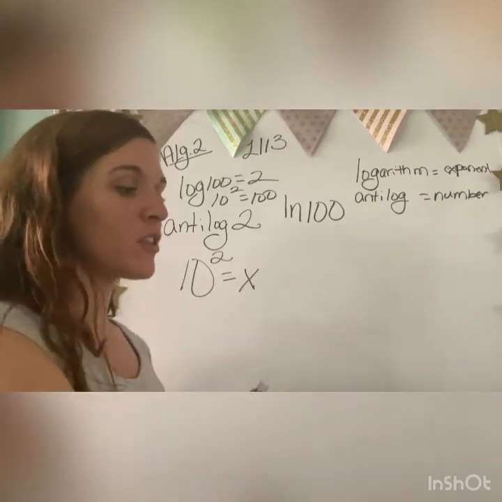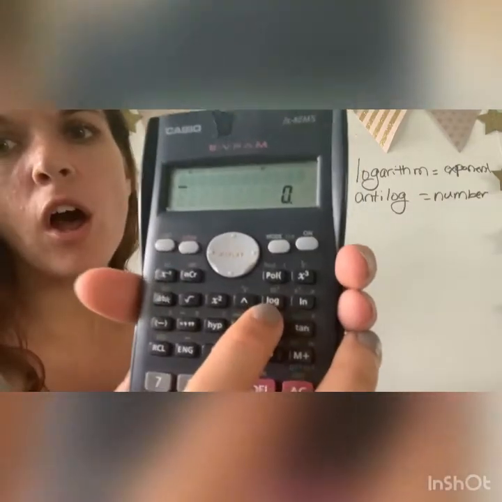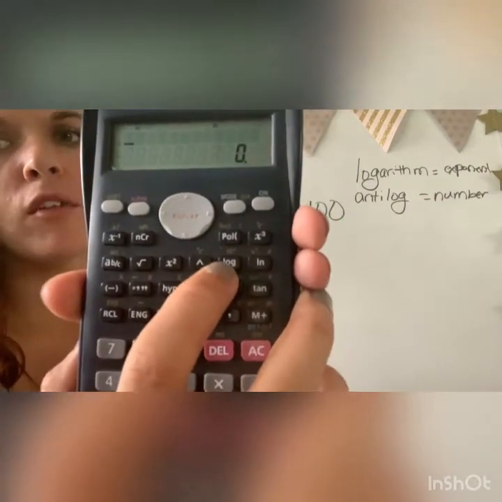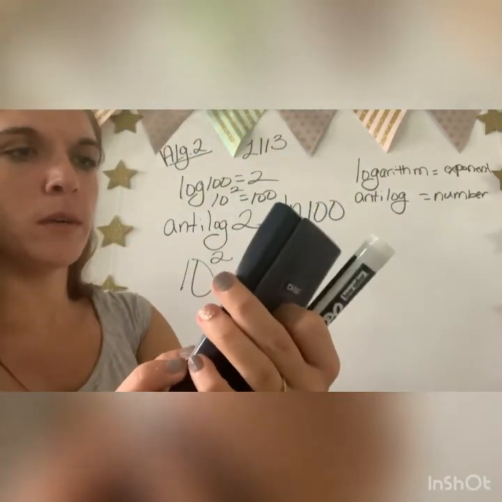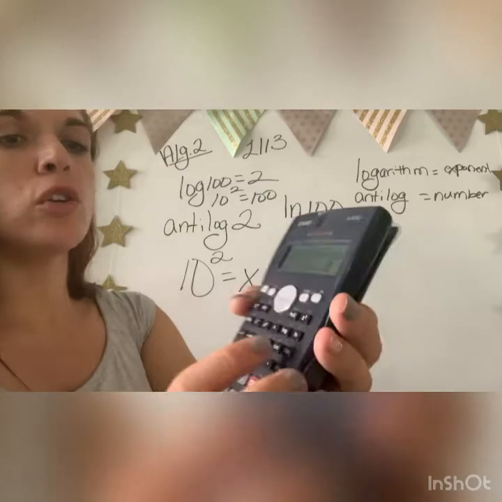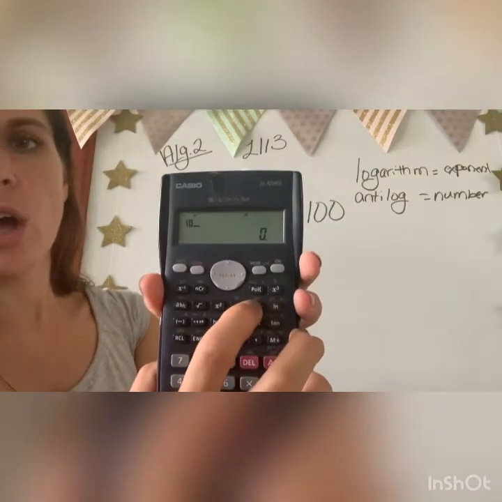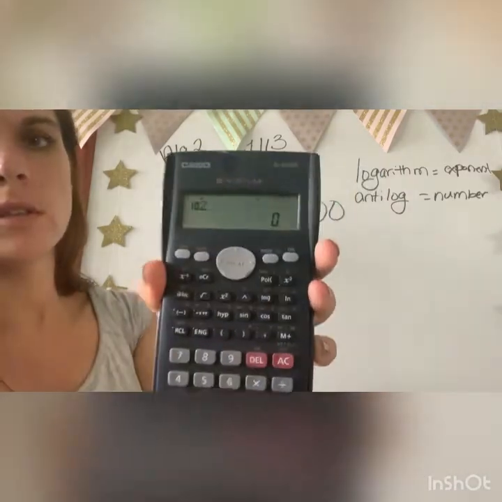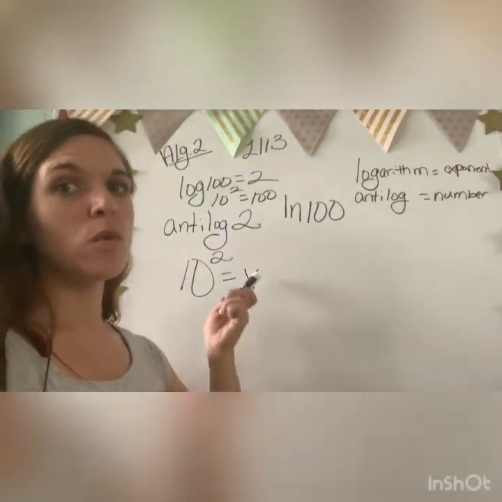And honestly, in your calculator, you could just put 10 to the 2, but they give you an option to do anti-log, which is your yellow button above the log. So you go shift, log, 2, and you get 100, okay? Which means that 10 to the 2 equals 100.